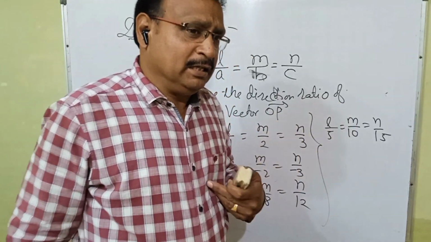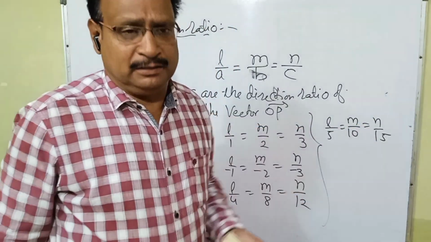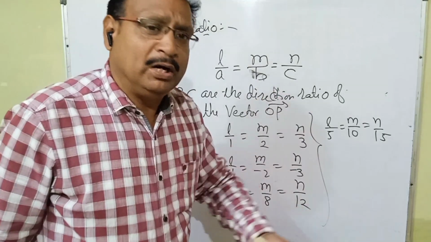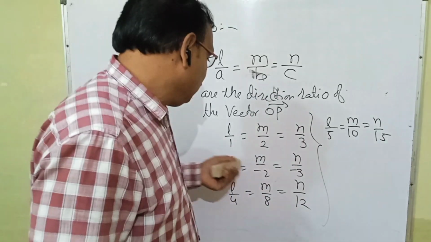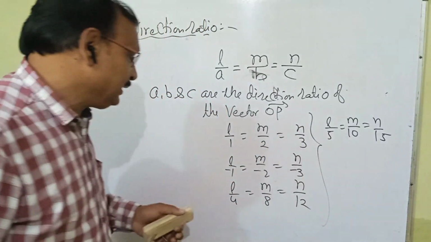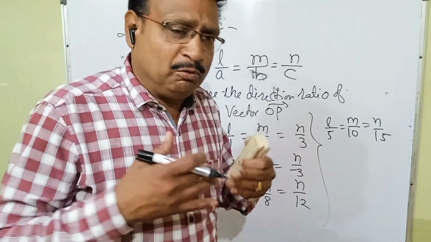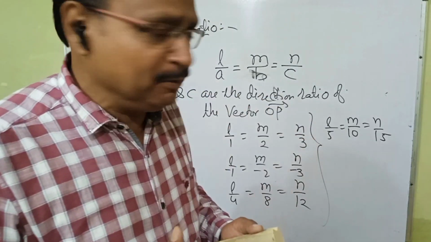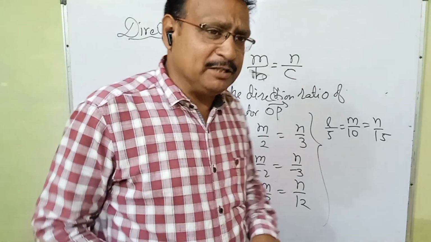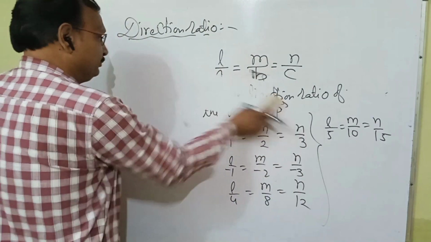Then 5, 10 and 15 are direction ratios of this vector. Or 4, 8 and 12 are also direction ratios of this vector, and minus 1, minus 2 and minus 3 are also direction ratios of this vector. In this way, A, B and C are not unique. They can have many values. This is the major difference between direction cosines and direction ratios.